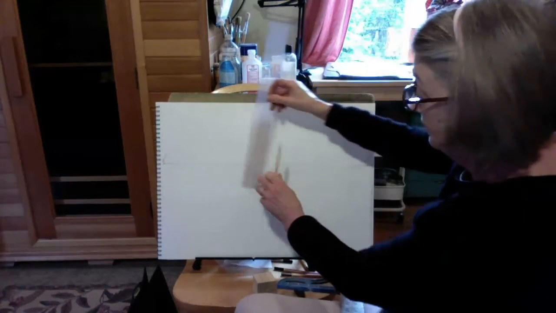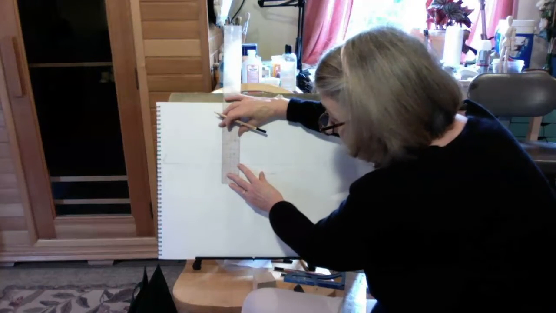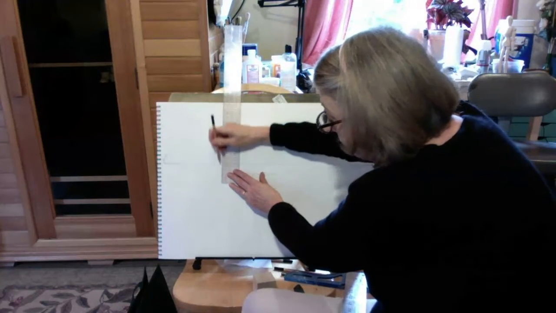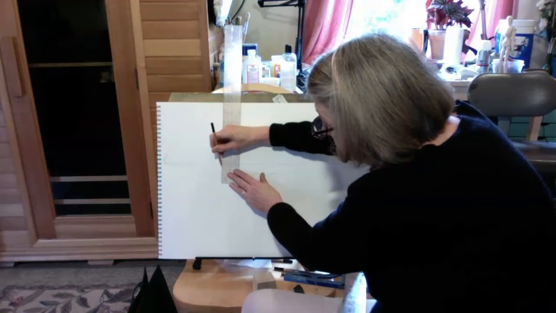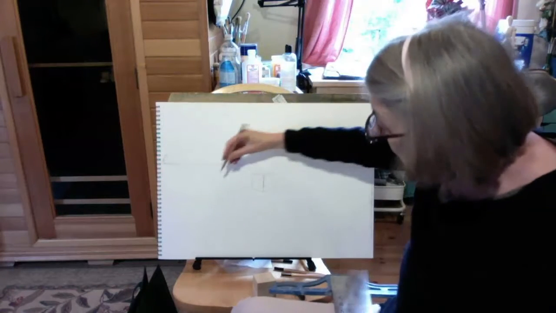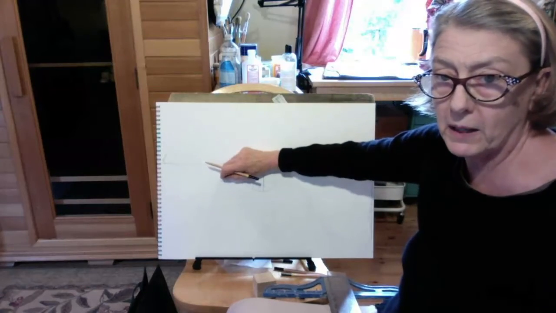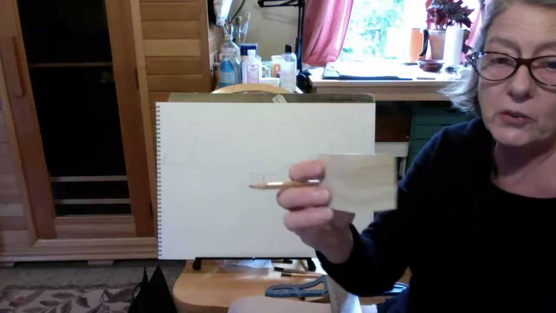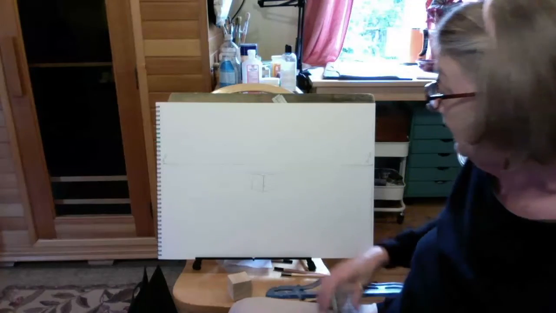Here's about 2 inches. So now I'm going to come right in here and make it very close to the eye level line. Okay. So there's what I call the leading edge of the box, the one that's closest to you. This edge right here.